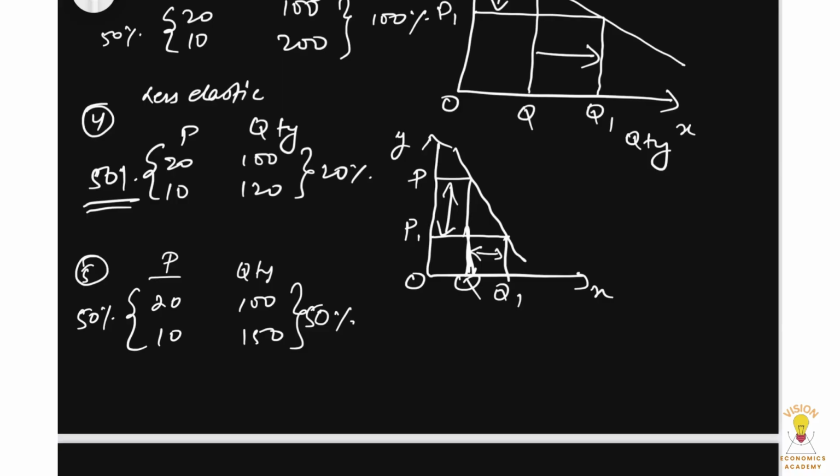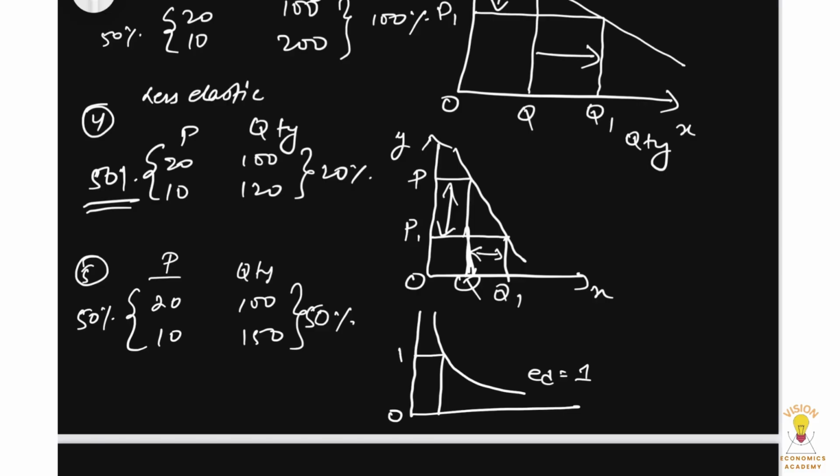That means there's a proportional change. So the curve will be a rectangular hyperbola. Here you can see at OP, OQ is demanded, and at OP1, OQ1 is demanded. So it's a similar change, right? So this is the unitary elastic demand.